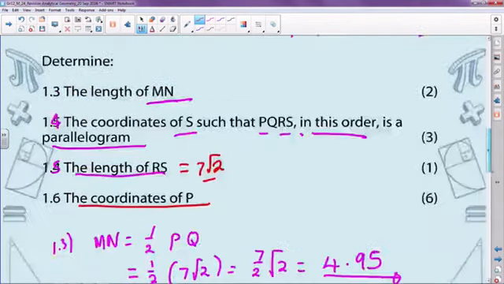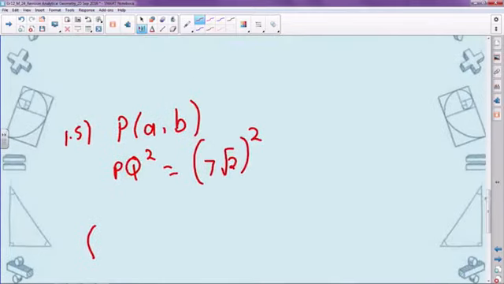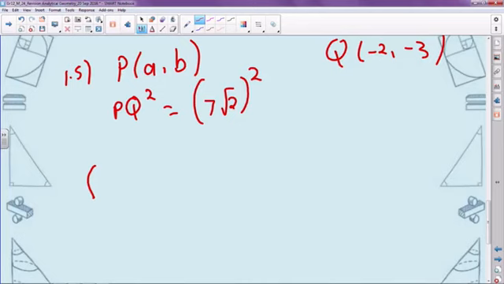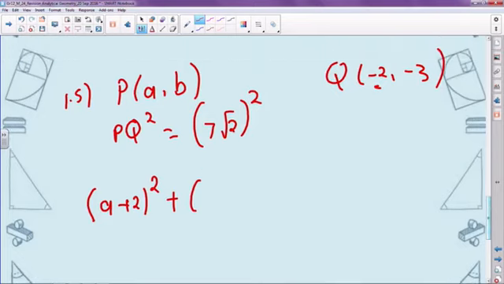I just need the coordinates of Q. Q is minus 2, minus 3. Okay, so let's substitute that into our distance formula. So PQ squared is going to be A minus minus 2 squared, so it's A plus 2 squared. This comes straight from substituting into my distance formula, which you should all be familiar with now, which is given to you on your formula sheet.